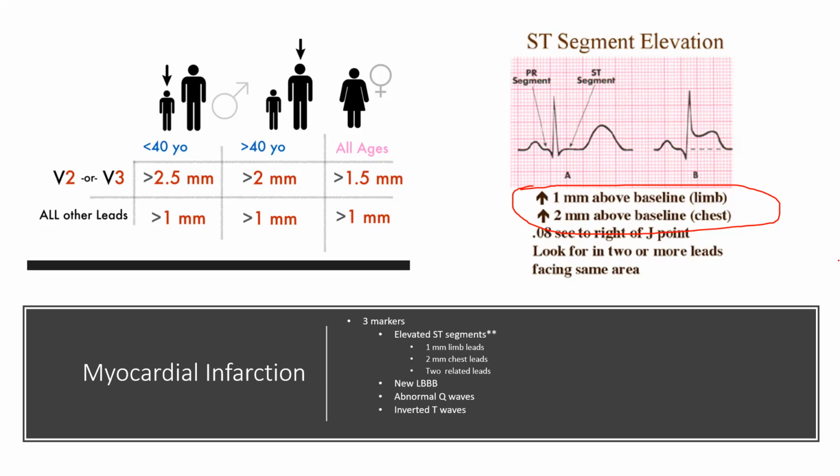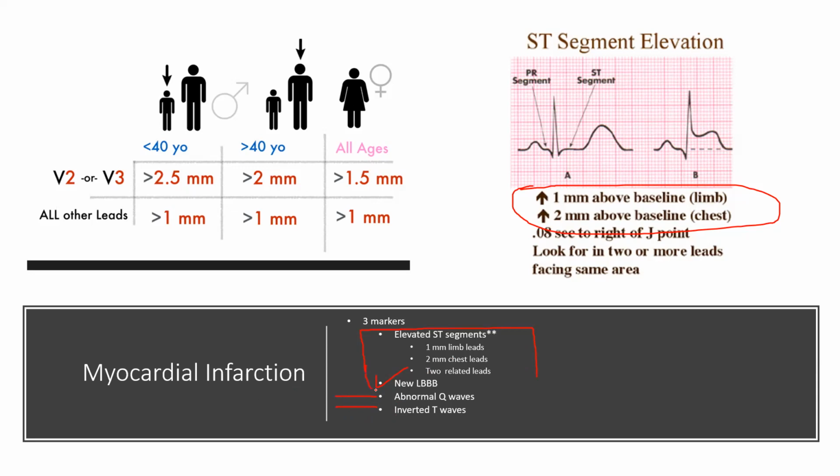All right, there are other criteria for diagnosing STEMI, and they include a new left bundle branch block. And this actually is going to be a significant finding in patients with myocardial infarction. Now, there are other markers of myocardial infarction, and all myocardial infarction could cause abnormal Q waves, and they could also cause inverted T waves.